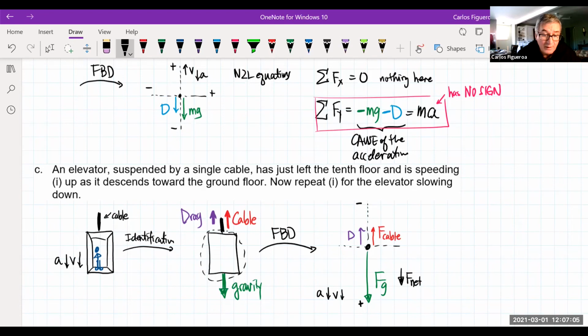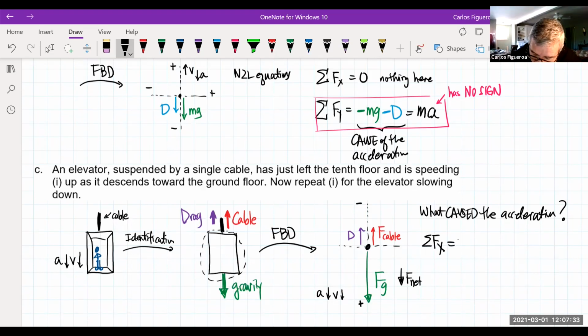So then I'm going to write my N2L equations. What caused the acceleration? It's the net force. To figure that out, I'm going to sum the forces in the y direction.